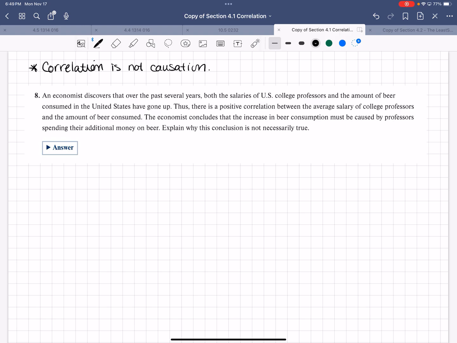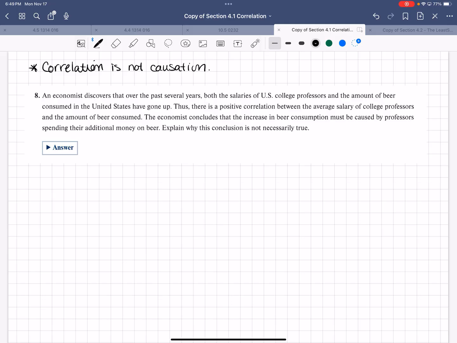So, the pay of college professors has gone up, the purchase of beer has gone up. The economist concludes that the increase in beer consumption must be caused by professors spending their additional money on beer. Explain why this conclusion is not necessarily true.